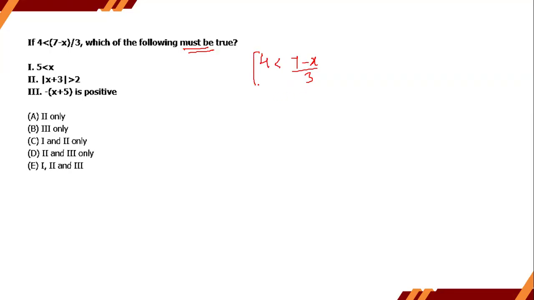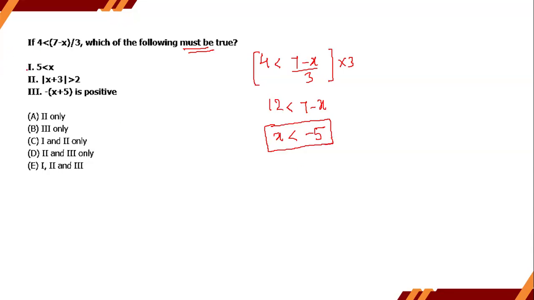So we have 12 is less than 7 minus x. Now let's bring all the variables to one side. So x is less than 7 minus 12, that is minus 5. So as per the question, x is less than minus 5.